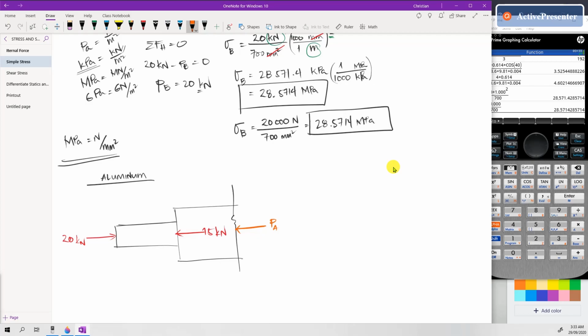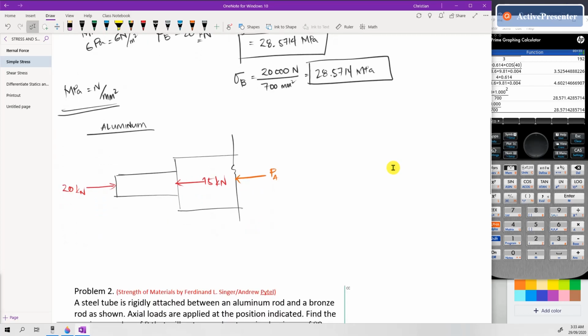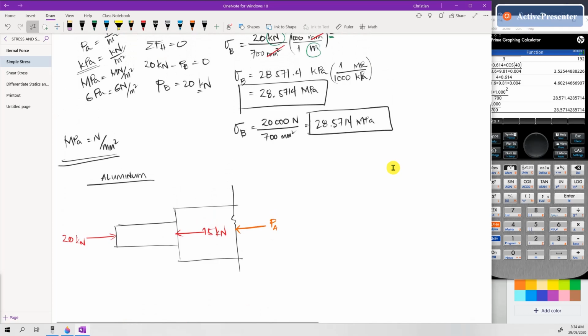Okay? So let's sum up yung forces again along the horizontal. So we have 20 kilonewton if we take right direction towards right to be positive. Then 20 kilonewton is positive.